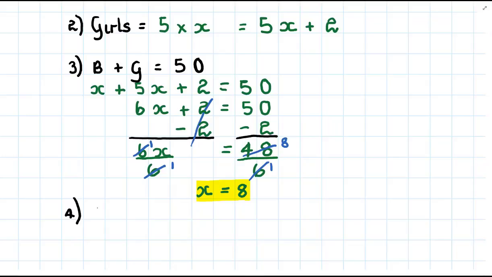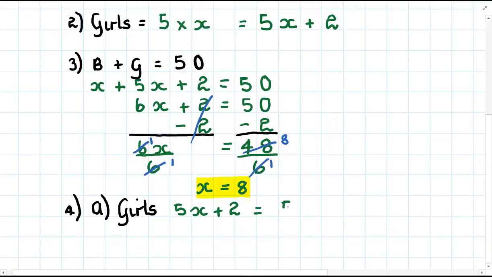The girls is 5x plus 2. We're going to substitute the x for 8, equals 5 times 8 plus 2. 5 times 8 is 40 plus 2. The answer is 42.